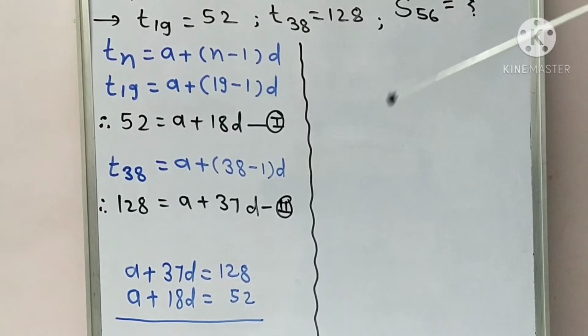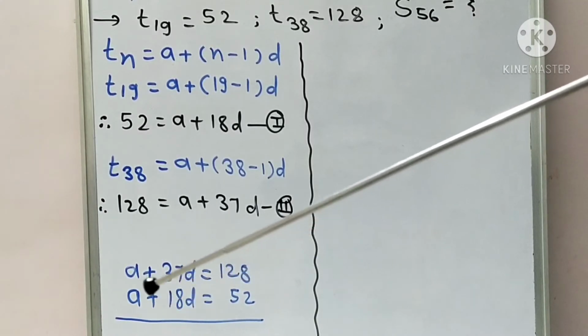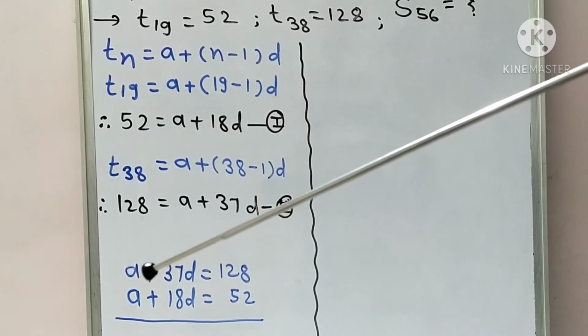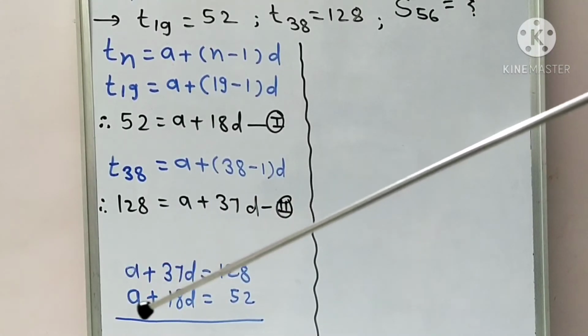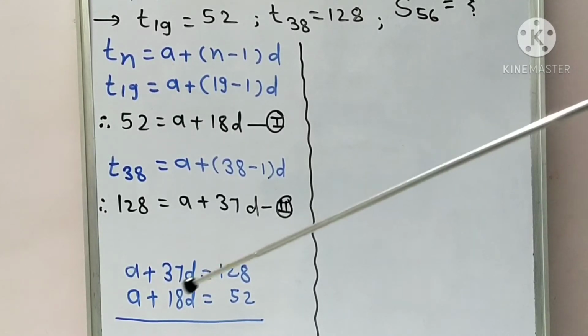But here, students, instead of subtraction, we do addition. Why we do addition, you will understand if you write the formula of Sn and put n as 56.